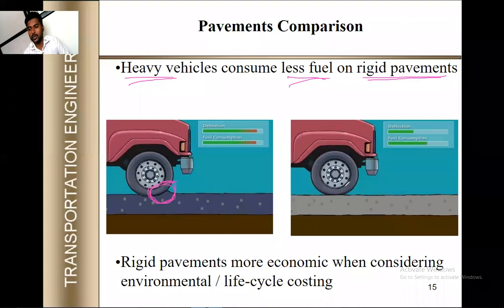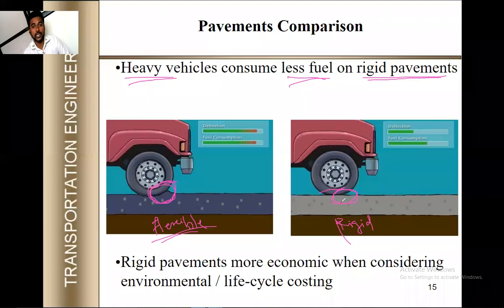But in the rigid pavement, as the pavement is very rigid, there will not be any depression due to the tire load. In the flexible pavement there will be chances of depression in the road due to the heavy weight, but in the rigid pavement such cases will not be there.